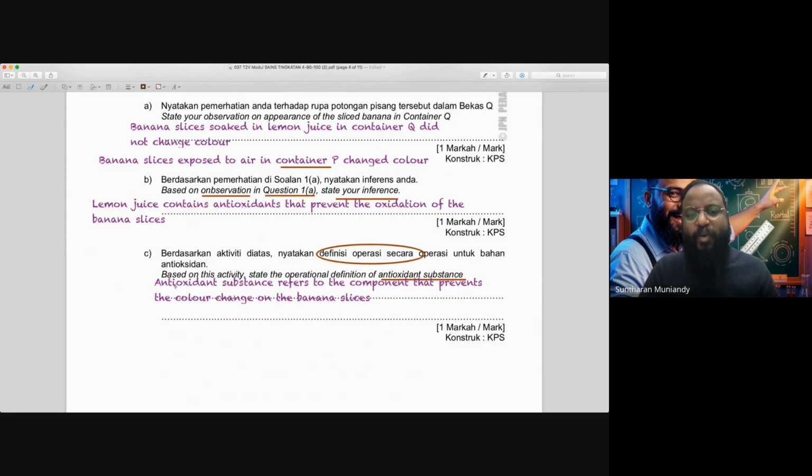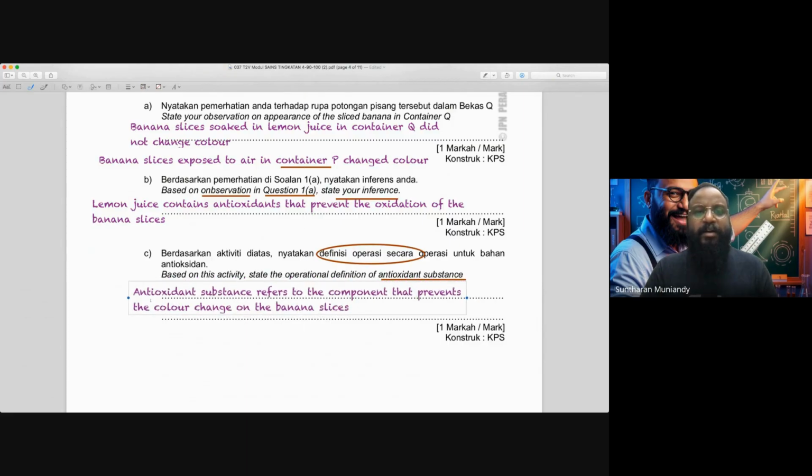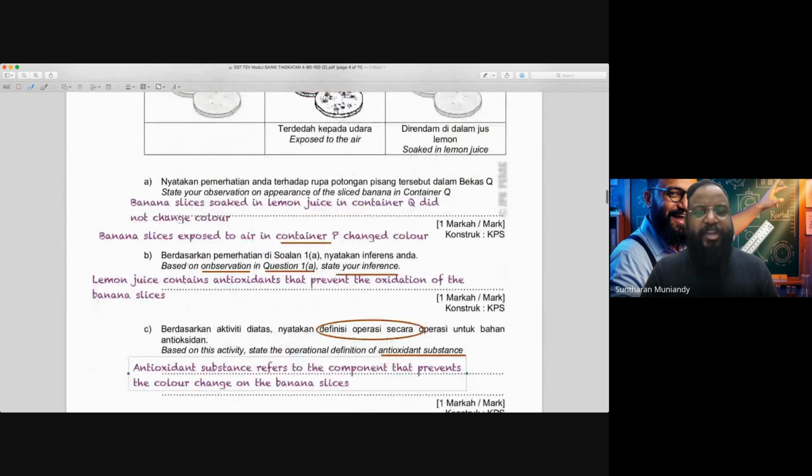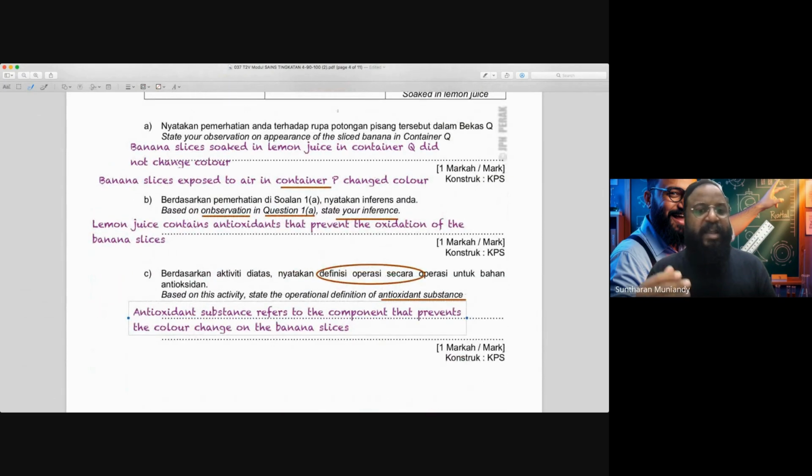So you see what is the responding variable of your experiment, which is something that prevents the color change on the banana slices. So here they have added the lemon juice. Antioxidant substance refers to the component that prevents the color change on the banana slices. So that is what we are looking for as your answer for operational definition.